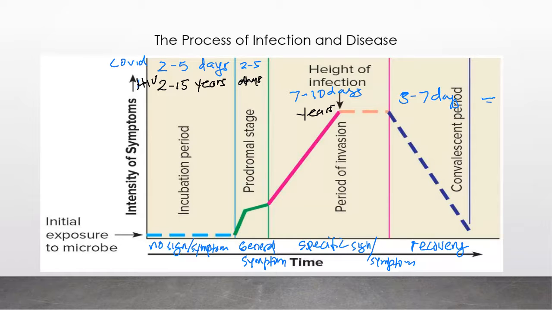Okay, so the total, from the incubation period until the convalescent period, usually for COVID-19 is about 10 until 21 days. So this is the time when, if you have COVID-19, you have to stay away from others, at least, okay, minimum 10 until 21 days.